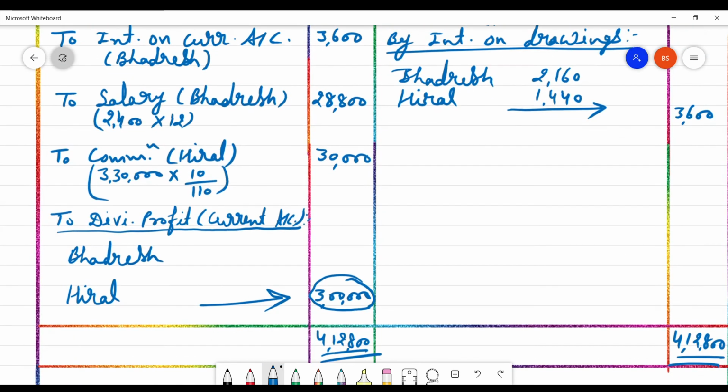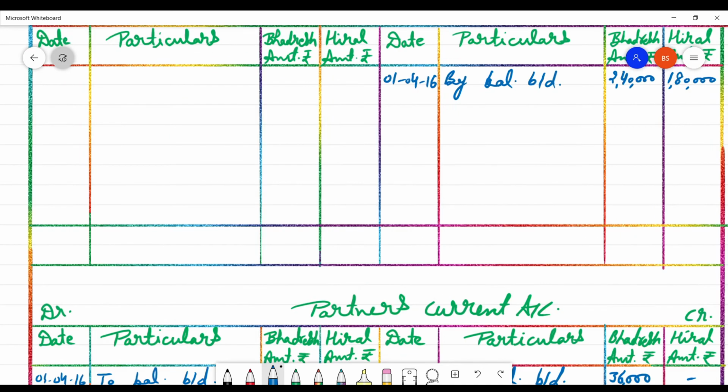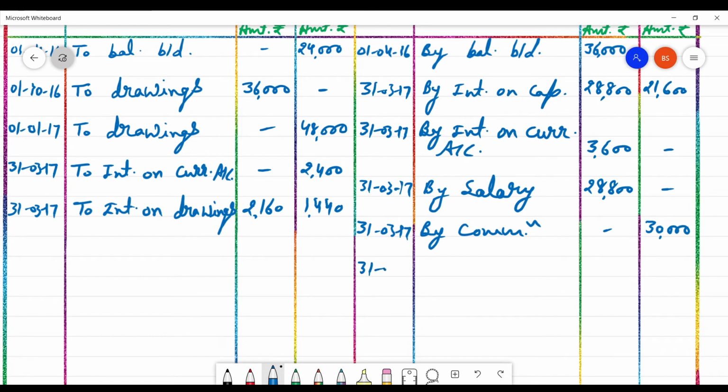So 3 lakh into 3 divided by 5 will come 1,80,000, and Hiral's share is 1,20,000. We will transfer it to the credit side of the current account. So on the credit side we will write here by divisible profit 1,80,000, 1,20,000.